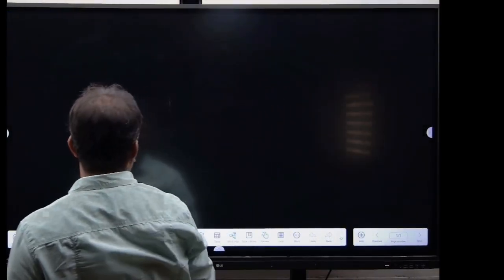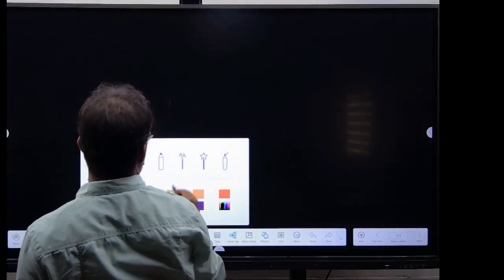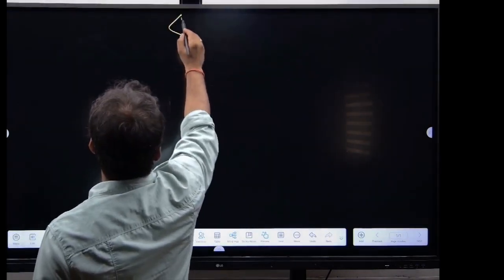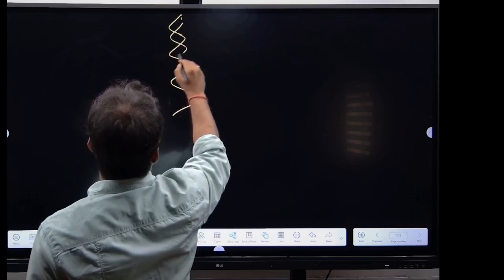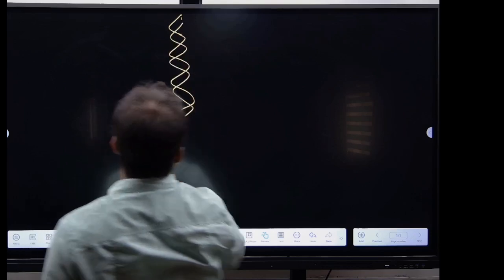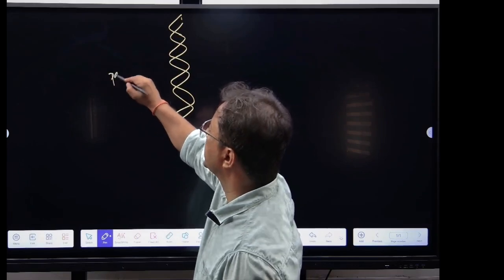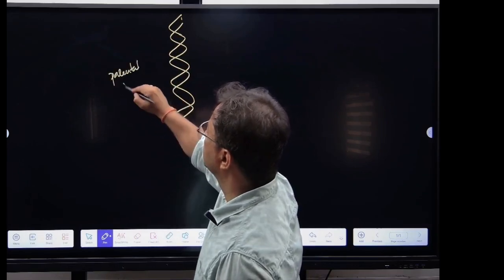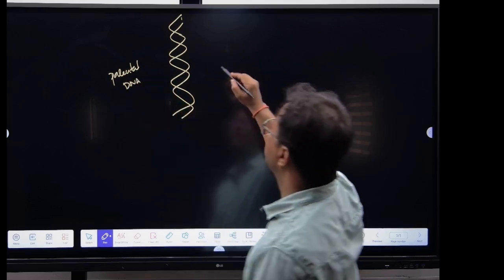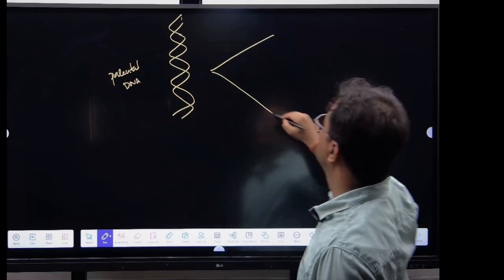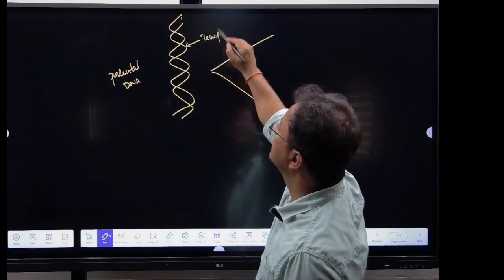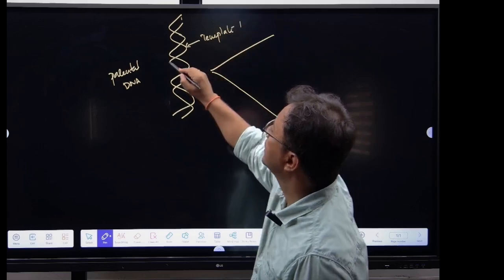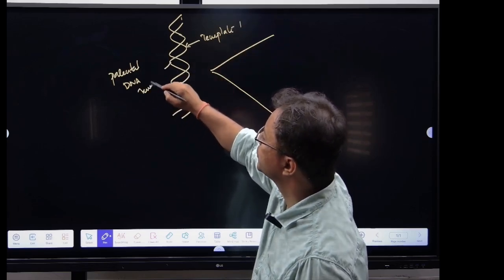Let's say this is a DNA molecule. There's a parental DNA. Now it is replicating. So this is one strand. Let's call it template 1. There is also another strand which is template 2.